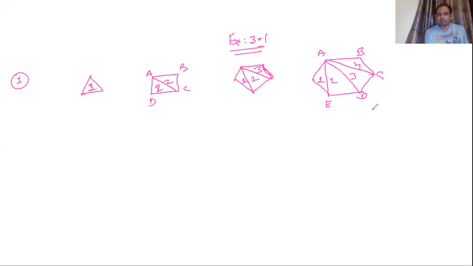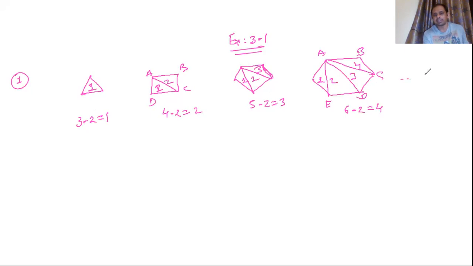That means if it has 3 sides, then it is only 1. If it has 4 sides, then it has 2. That means if it has n sides, then it is n minus 2. 3 sides: 3 minus 2 equals 1. 4 sides: 4 minus 2 equals 2. 5 sides: 5 minus 2 equals 3. 6 sides: 6 minus 2 equals 4.